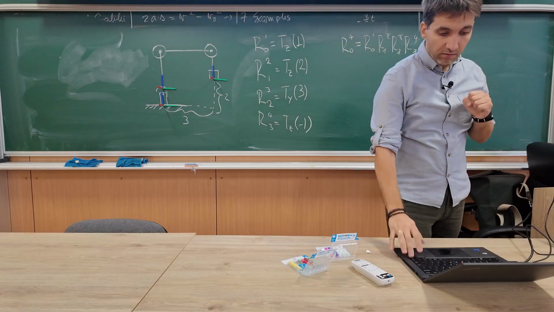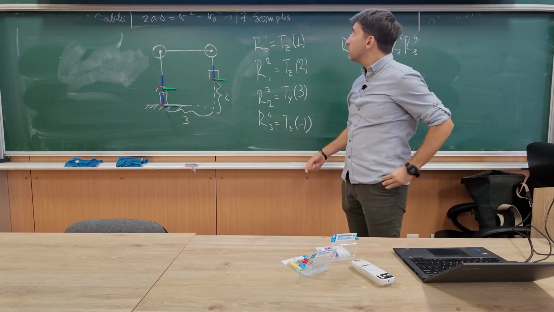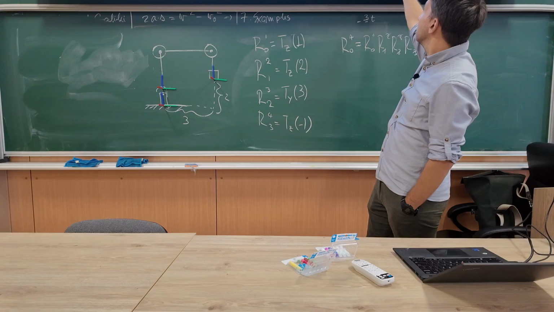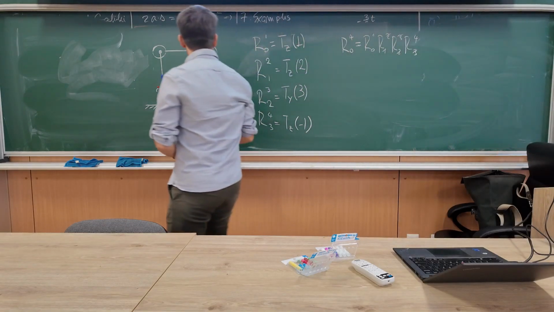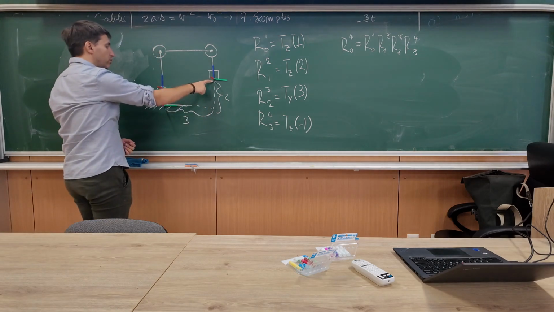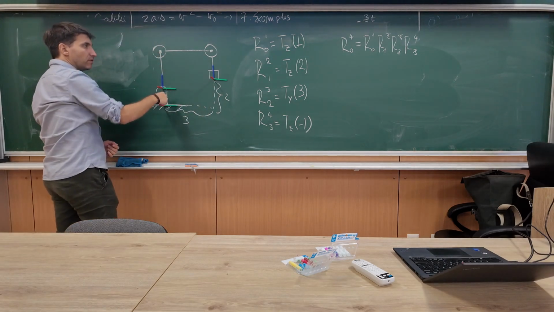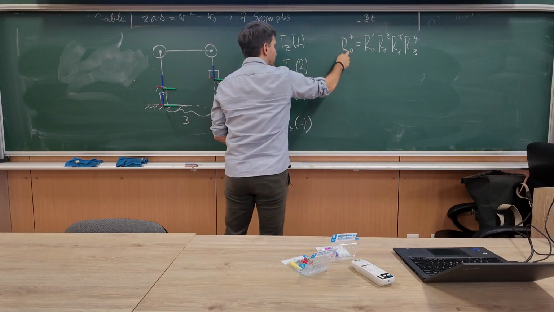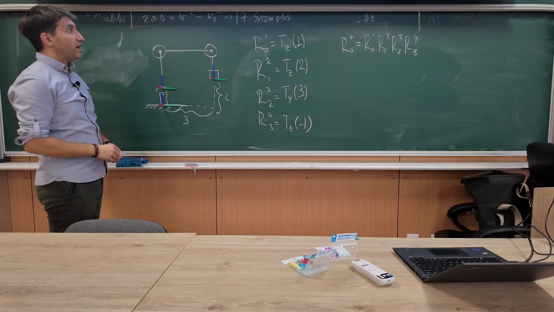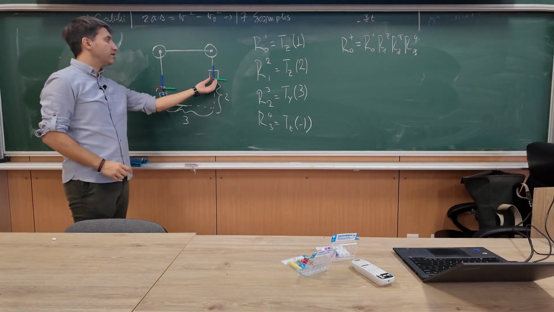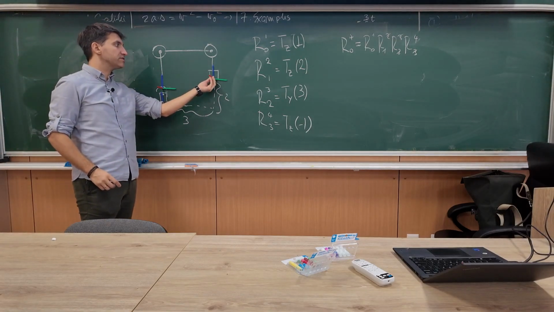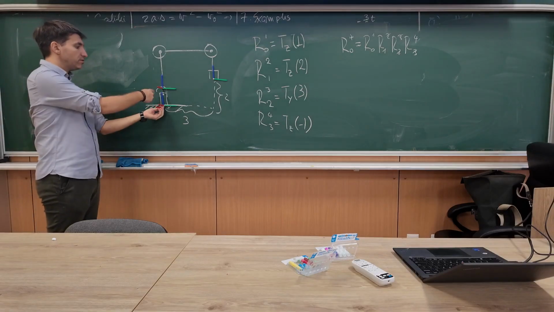Good. Now, quick recap. What do these numbers mean? Okay, px, py, pz is the coordinates of the origin of frame 4 with respect to frame 0. Right? And these 3 columns represent the coordinates of the x-axis of 4 with respect to frame 0.